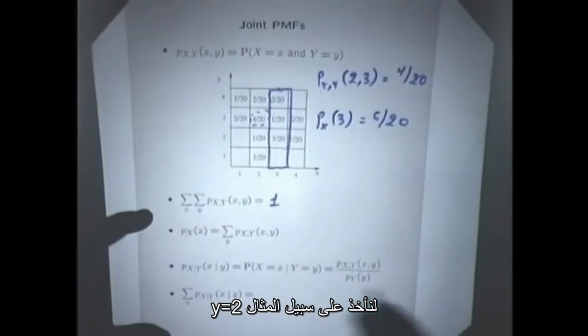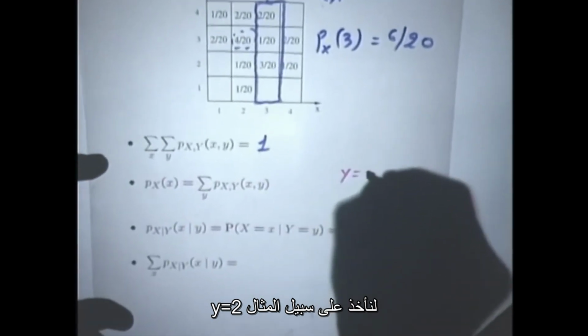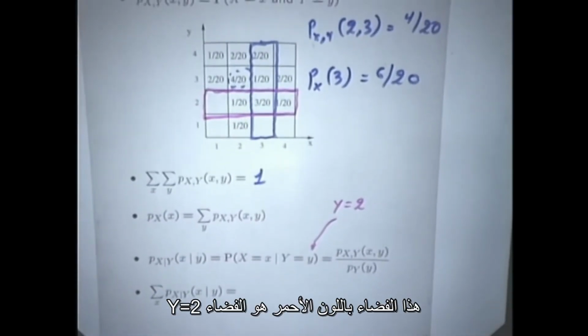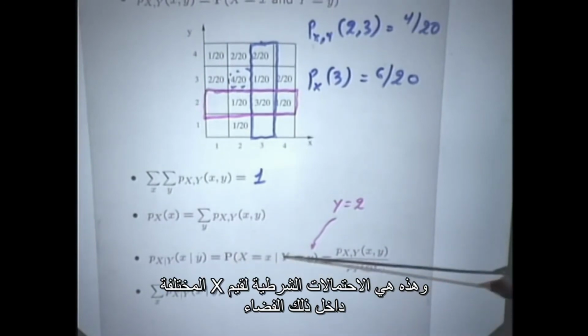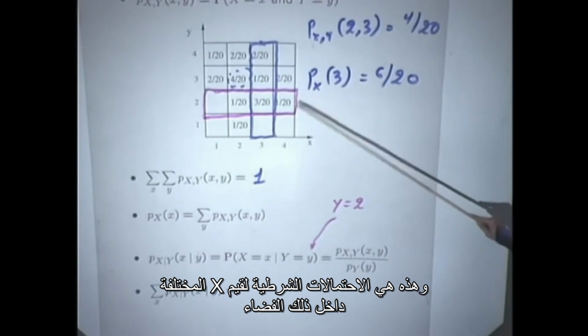So for our example, let's take little y to be equal to 2, which means that we're conditioning to live inside this universe. This red universe here is the y equal to 2 universe. And these are the conditional probabilities of the different x's inside that universe.